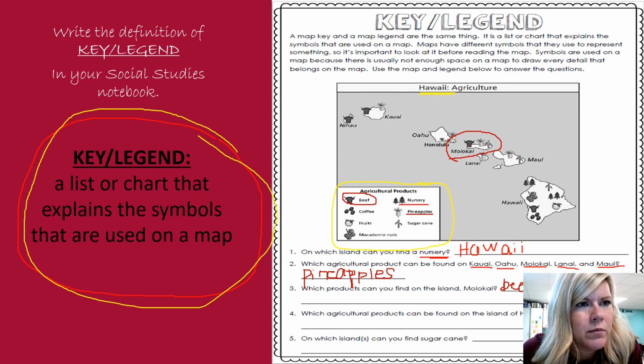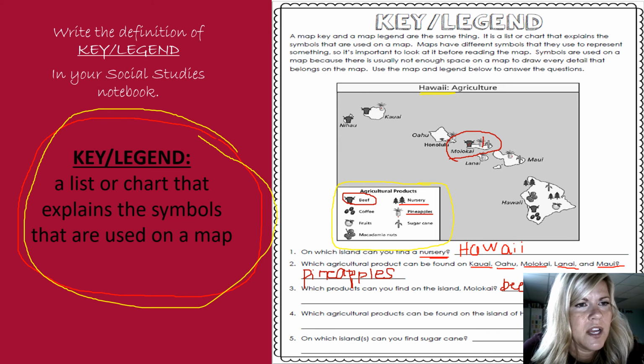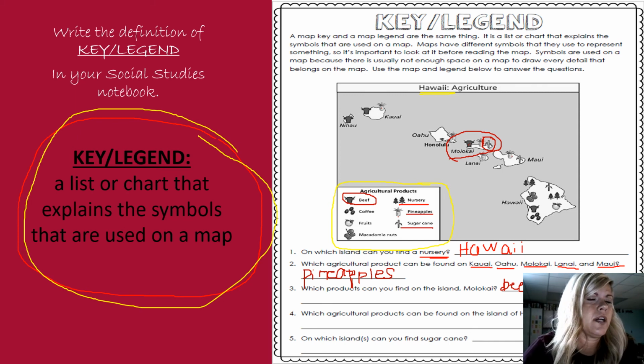Okay, the next symbol, a pineapple, which we already know stands for pineapples. And the last one, this little thing that almost looks like a corn on the cob, is actually sugar cane. So we're going to put sugar cane.